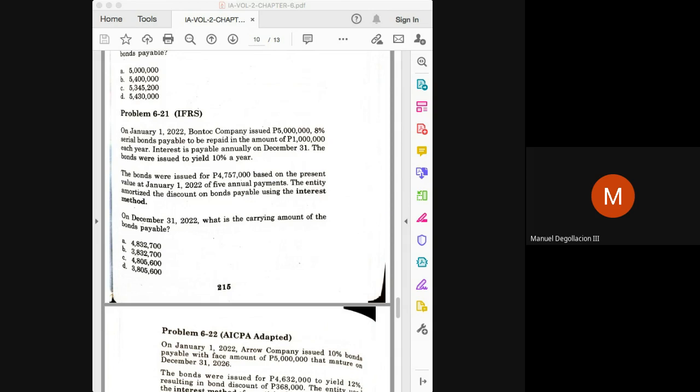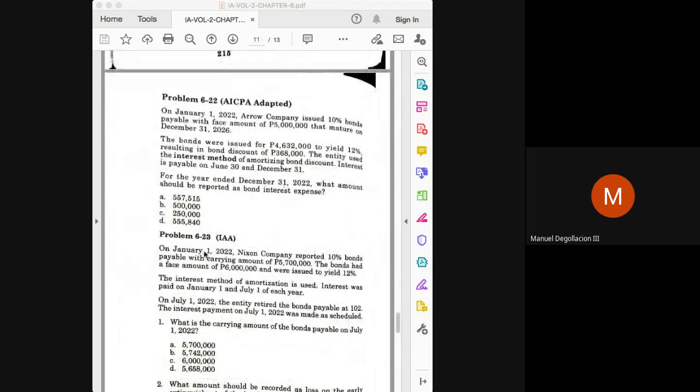You will arrive at 3,832,700. So the carrying amount on December 31, 2022 will be 3,832,700. Okay.